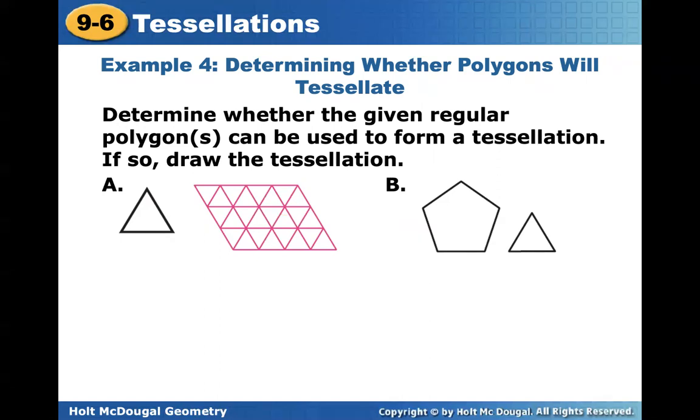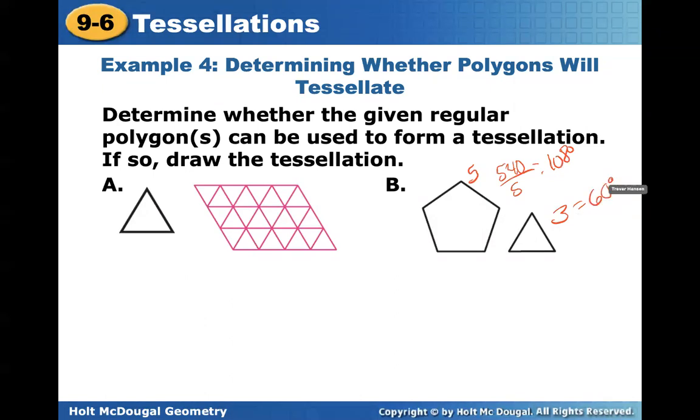For B, we've got to look at this. This is a regular pentagon and a regular triangle. So now we've got to figure out what each angle is. Inside a pentagon, there is 540 degrees divided by 5, which gives us 108 degrees at every angle. And a regular triangle is 60 degrees.